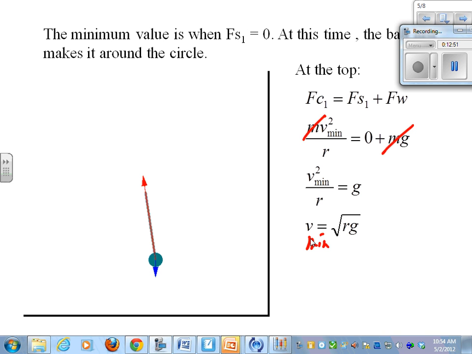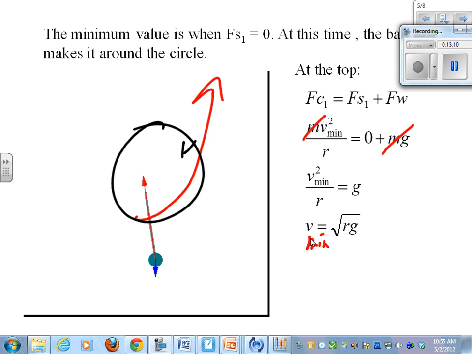Basically, and Stefan's going to freak out, it's the normal force. Inertia is trying to take the car out of the circle, but the circle's there, so what's pushing it toward the center? The normal force.